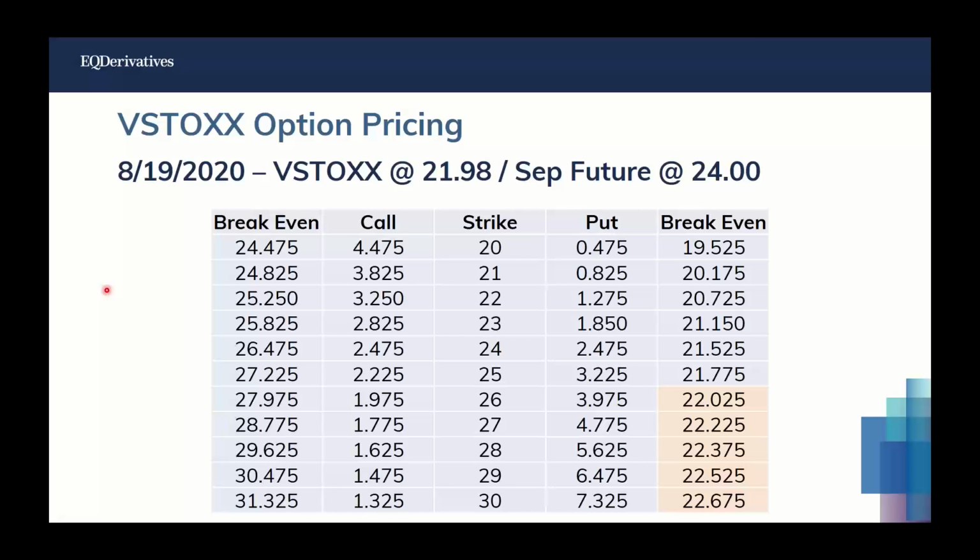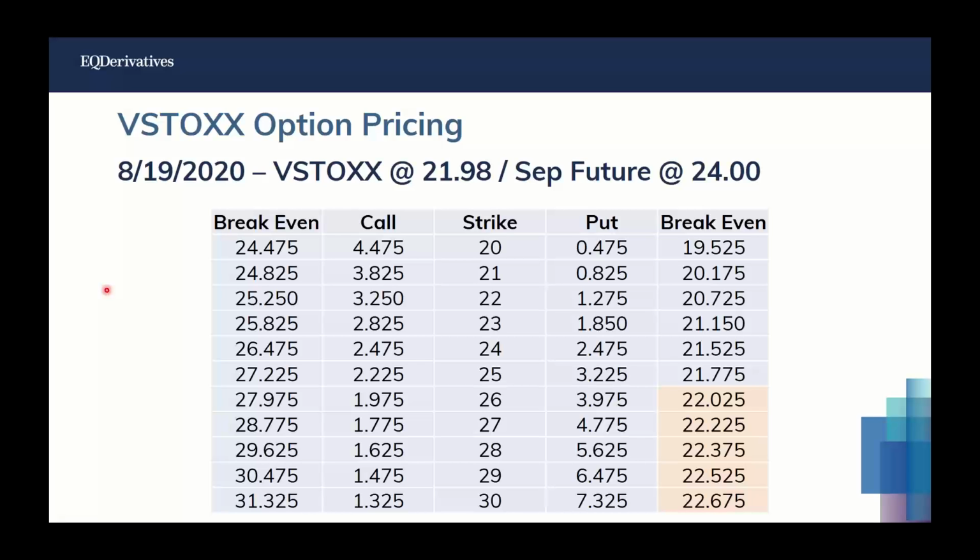And back on August 19th, the September future was at 24, and spot VSTOXX, I came really close to saying spot VSTOXX was at 22, but I decided to be very specific because I get called out on those things sometimes. So it was at 21.98, about a 2-point discount to the September future.